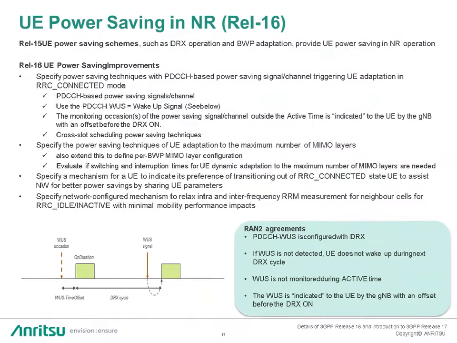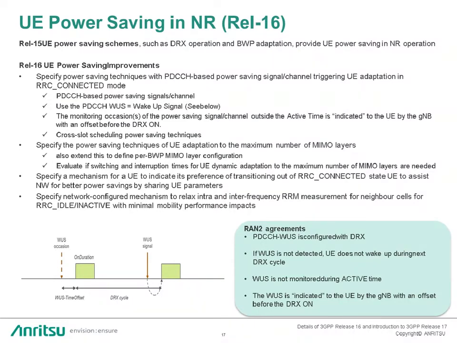Also, it's possible for the UE to indicate its preference to the network about the parameters used in RRC connected state, so that if the parameters with which the UE is configured are not optimized enough, the network can reconfigure the UE.